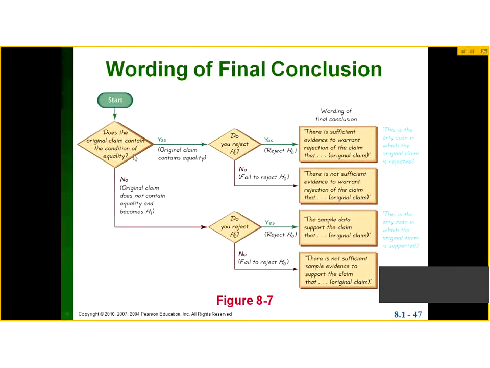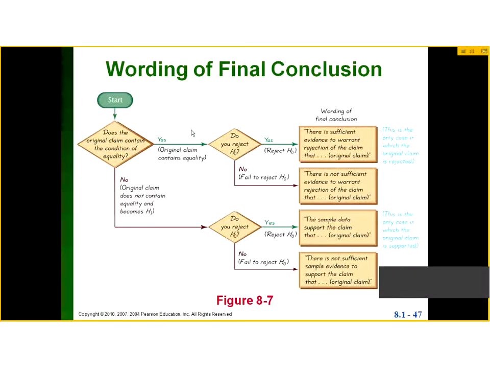Of course it will be H0. So if the answer is yes, go here: the original claim contains equality, so it will be in H0. If it doesn't contain the equality and the answer is no, it will become H1. Right? So here the claim will be in H0 and here the claim will be in H1.